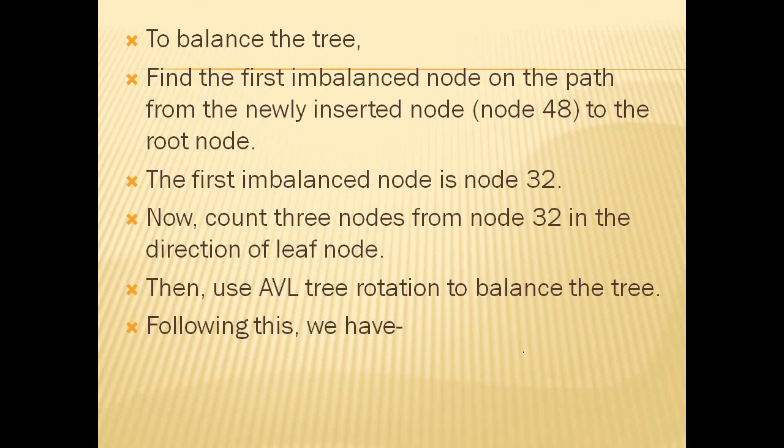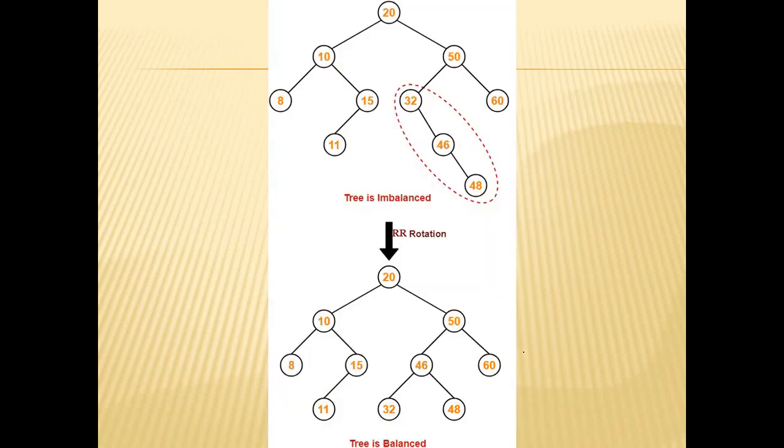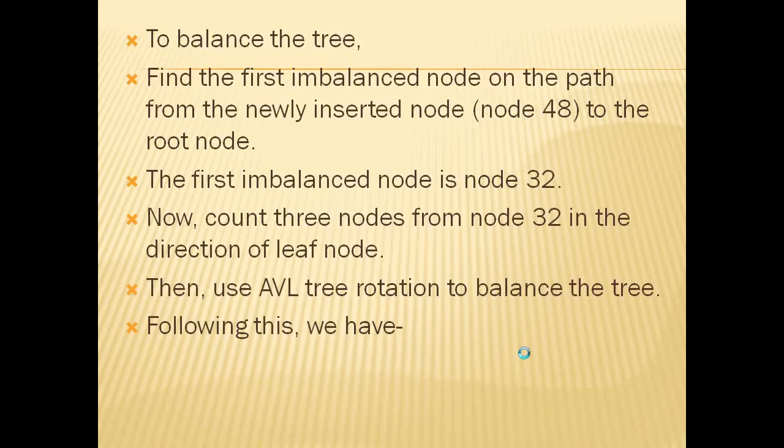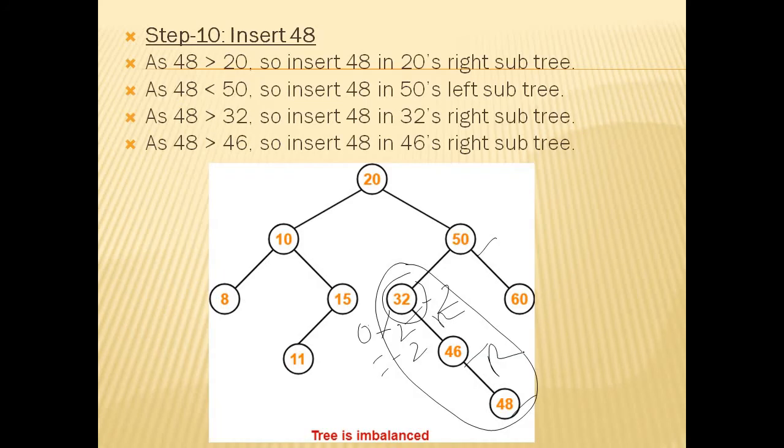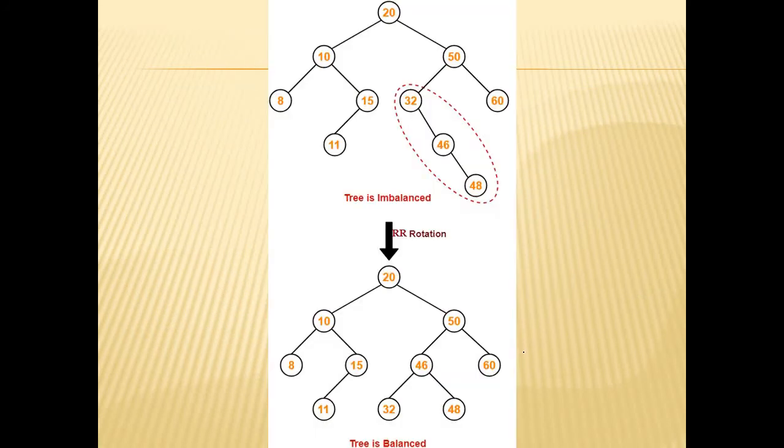So for 32, 46, 48, what we did is anti-clock rotation. When I do the anti-clock rotation, I get 46 as root, 32 on the left and 48 on the right. Now we need to check the balance factor.